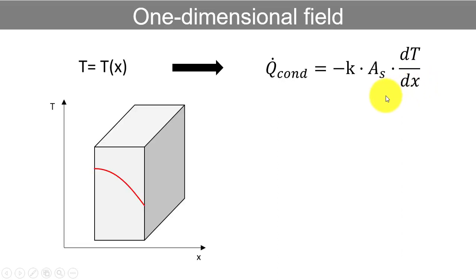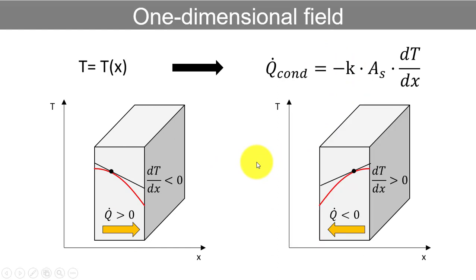So if we consider a given flat plate or a wall, and this is the variation of the temperature, for any point we can define the thermal gradient. As here this thermal gradient is negative, it decreases with x, we can say that the heat transfer in this case is positive because of this minus sign, as we explained before.